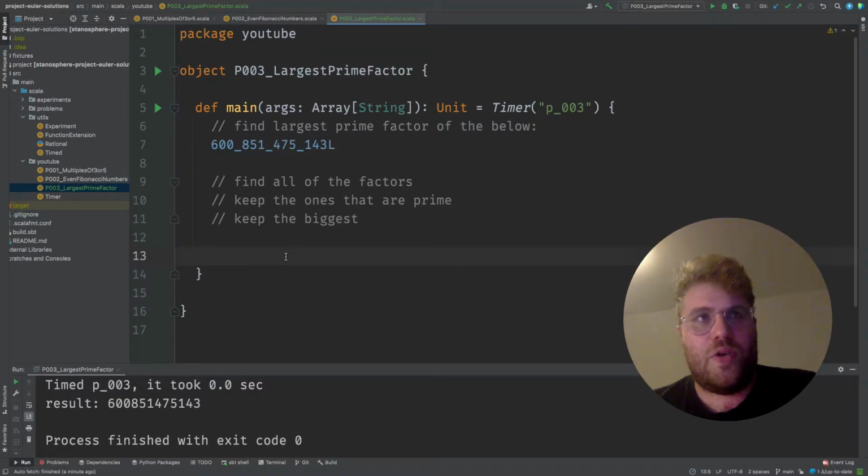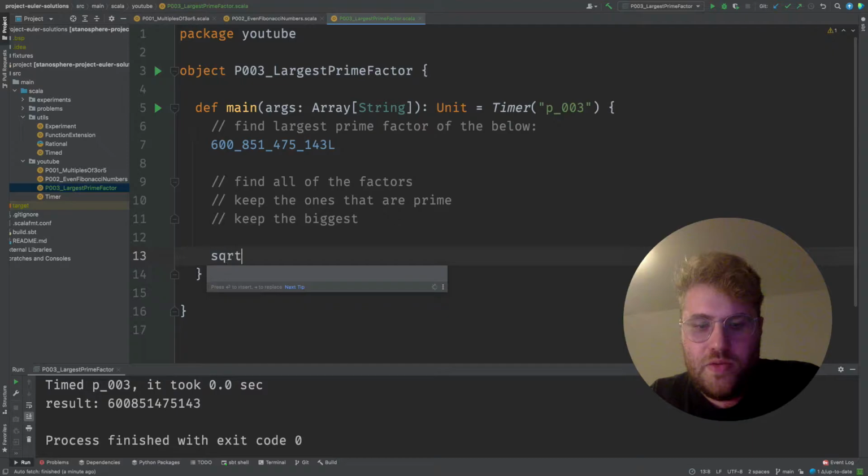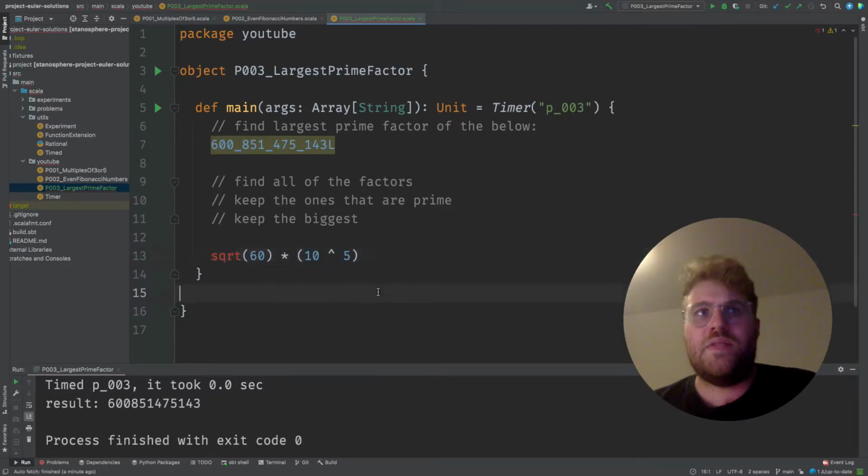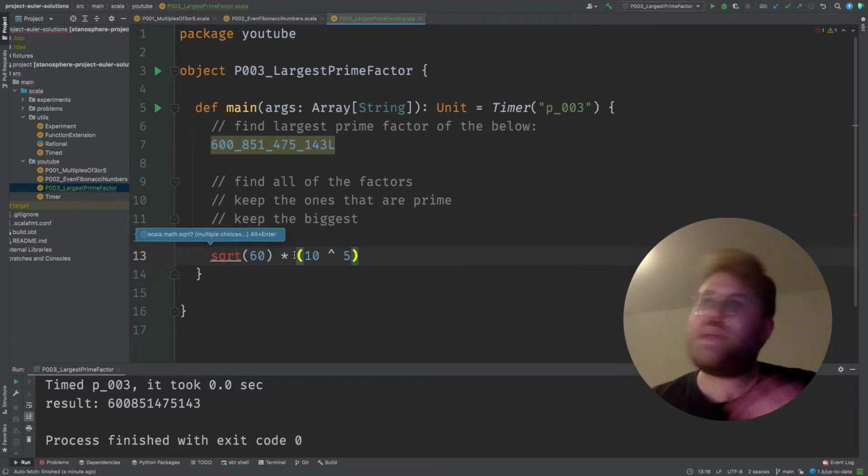If we take the square root of that, that'll be the square root of 60 times the square root of 10 to the 10, which is 10 to the 5. And I reckon the square root of 60 is going to be 7.8 or something, just because 64 is the nearest square number. So we're looking at about 700,000 iterations to get all of the factors for this number, and that's fine. We can do that. Easy.